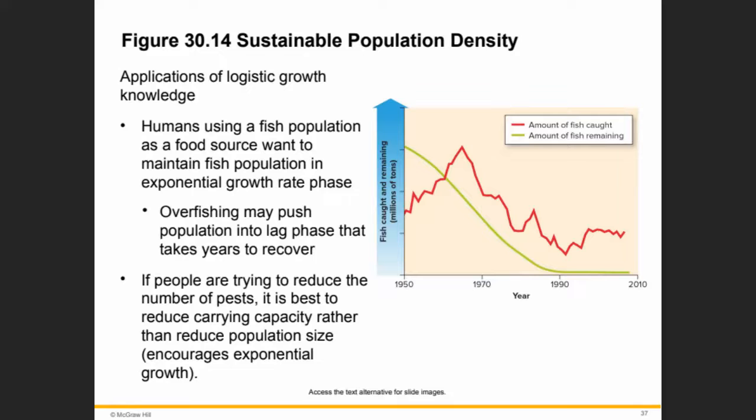The density independent factors, abiotics, such as weather and natural disasters, can cause sudden and catastrophic reductions in a population size.